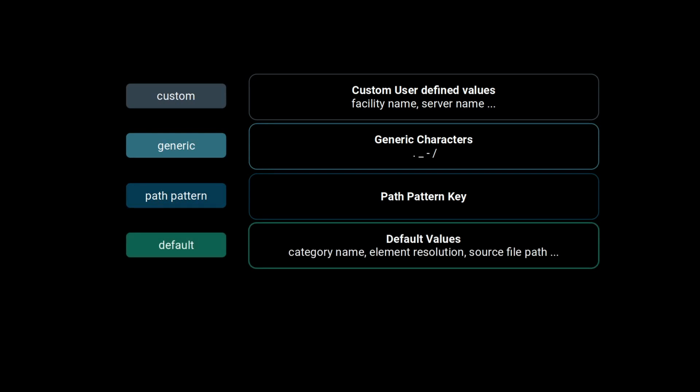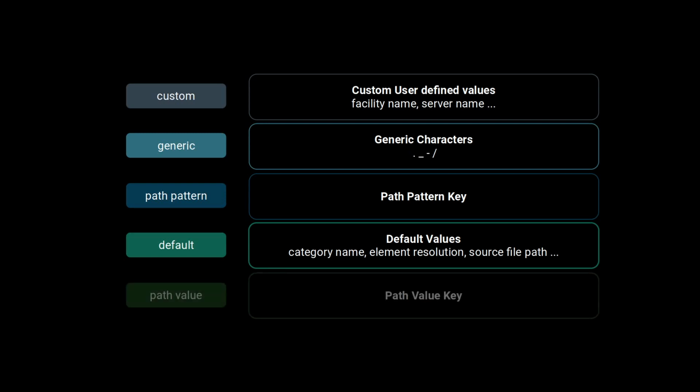We have the default values, which are fixed values that are dependent on the ingested element, like the category name, the element's resolution, or the source file path. And the last one is the path value. These can be used, so we can overwrite them at different steps in the ingest process, for example to overwrite them in the different transcoding templates. Everything will make more sense once you see how it all works in action.